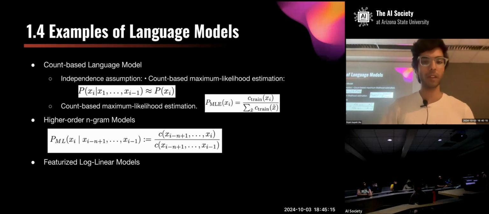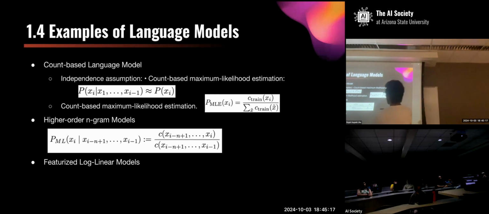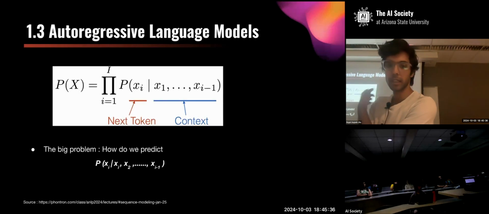Then we moved on to n-gram models, which are just an extension of this count-based model, where it counts the word based on the previously seen words. In autoregressive models, you saw that the counting of the previous words starts from x1 till xi minus 1.